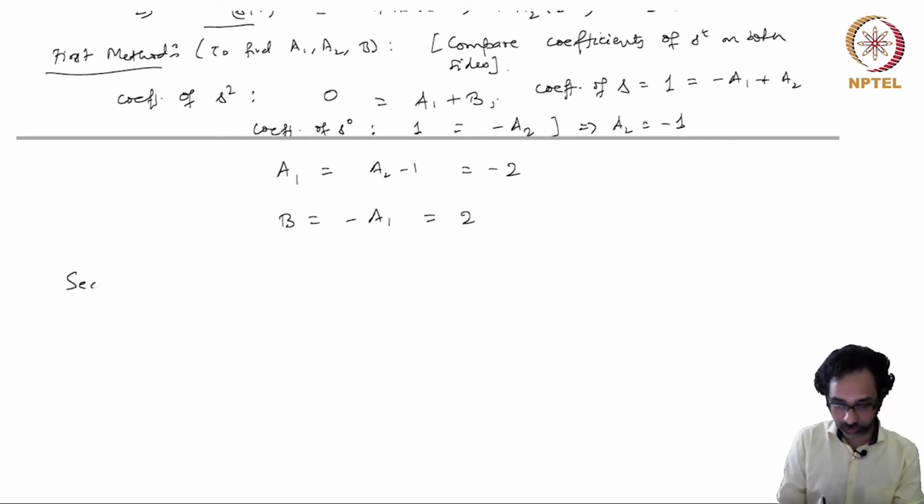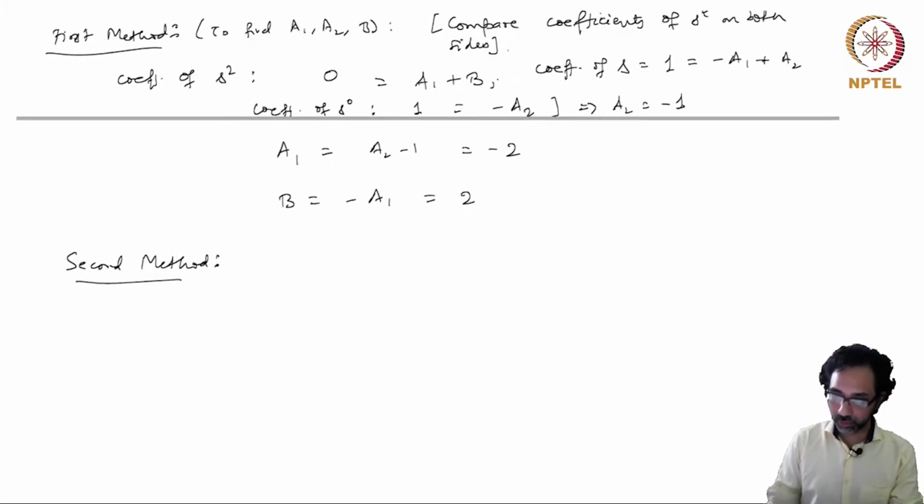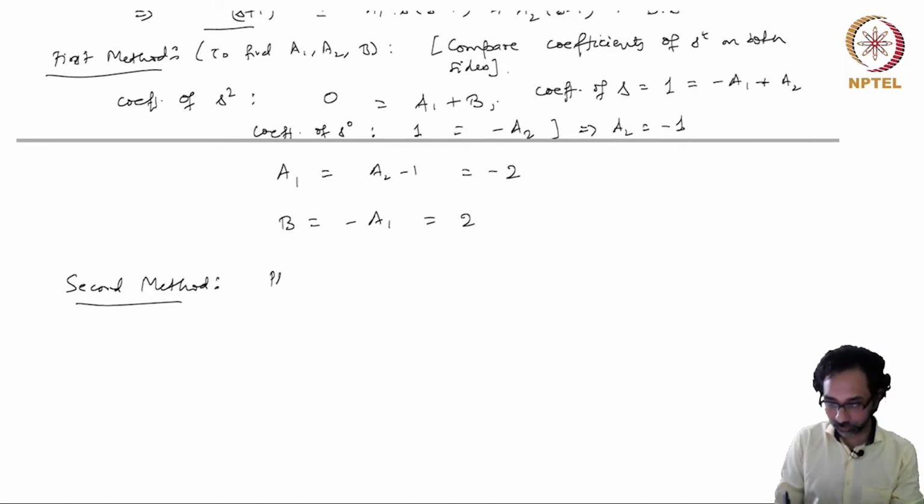The second method is to plug in various values of s on both sides.